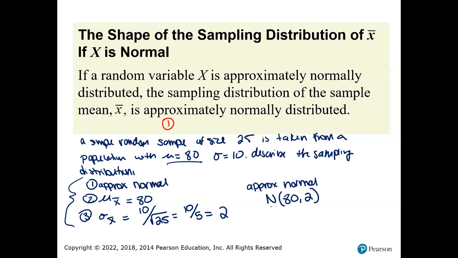So N stands for normal, 80 is the mean, standard deviation is here. That is another way that books and other websites will write it. However you want to write it, either listing all three things like this or like this, I need to see all three of those pieces.